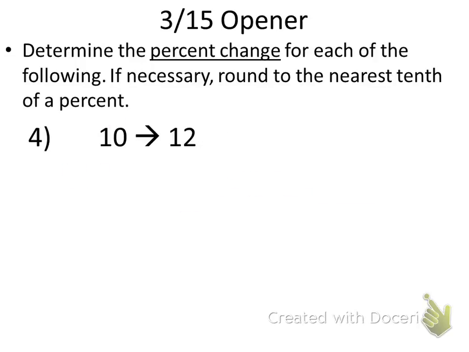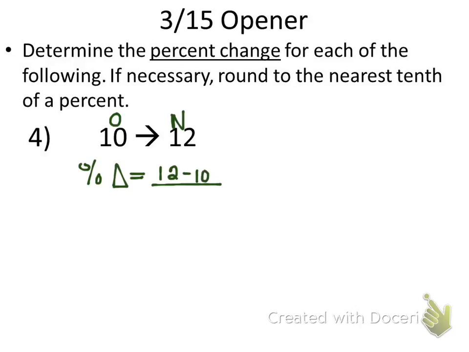Nico, identify my old number. 10, new 12. Formula. And then equals line. So you're doing your division, your fraction bar? Okay, what goes on the top part of your fraction bar or your division sign? 12 minus 10.